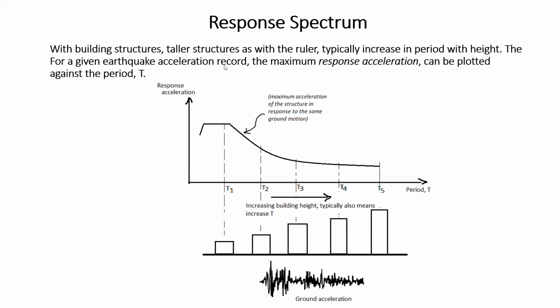For a given earthquake acceleration record, the maximum response acceleration can be plotted against the period T. So imagine if we had these buildings, typically as they get higher, the period increases, right? So we can plot the period here. Okay, imagine if you had the same ground acceleration, and you can plot what we call the maximum response acceleration. Okay, maximum acceleration of the structure in response to the ground motion.